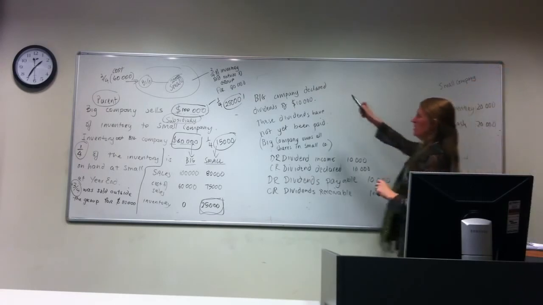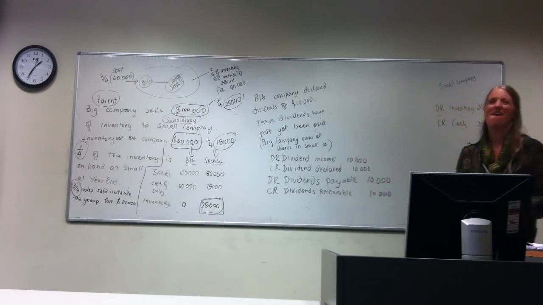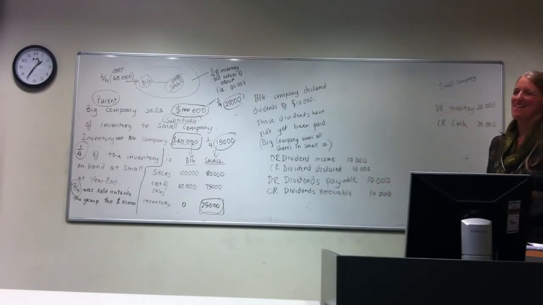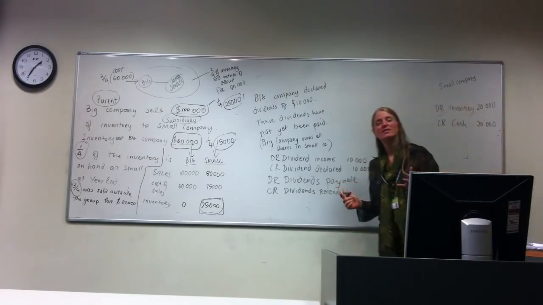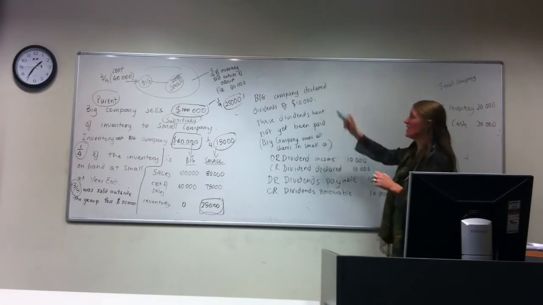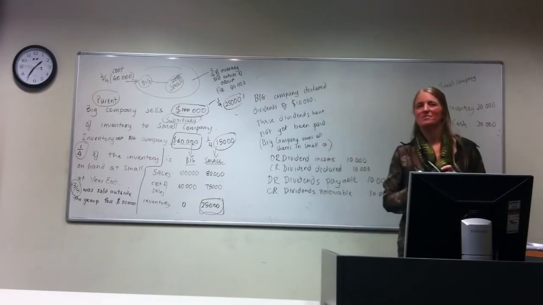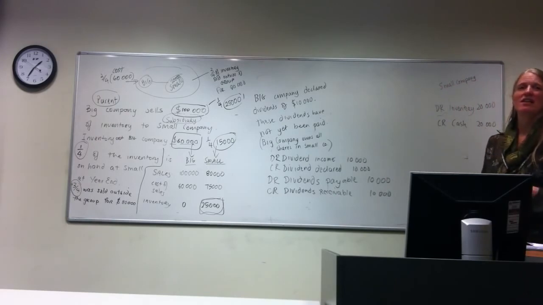Right. Okay, big company declares dividends. Do we need to do any journal entries? Generally, if we're not told anything else, no. Why not? Because obviously if they've declared dividends, where are those dividends going to go? Are they going to small company? No, they're not.